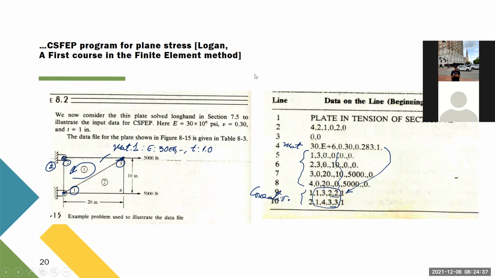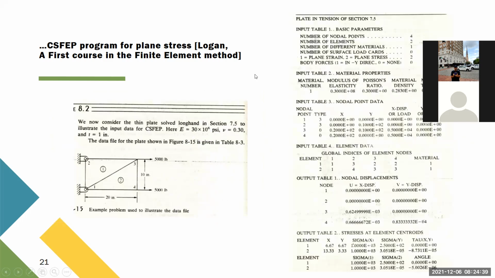Okay, no problem. After that, these are the results. You can identify, here it says output. So up to here, this is data, and these are results.